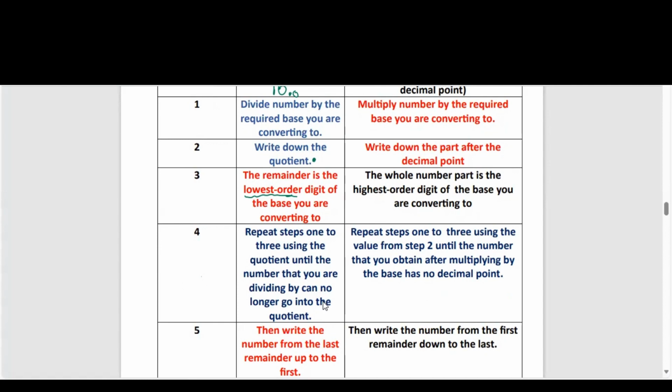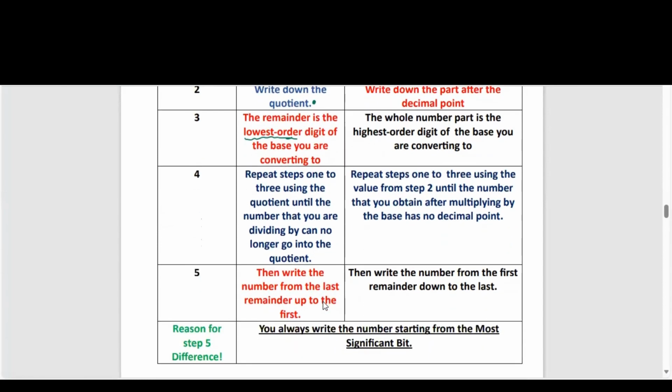And step 5, you then write the number, as I said, from the last remainder up to the first. Remember what I told you about the least order digit. So basically, the last remainder will be the most significant, if that makes sense.